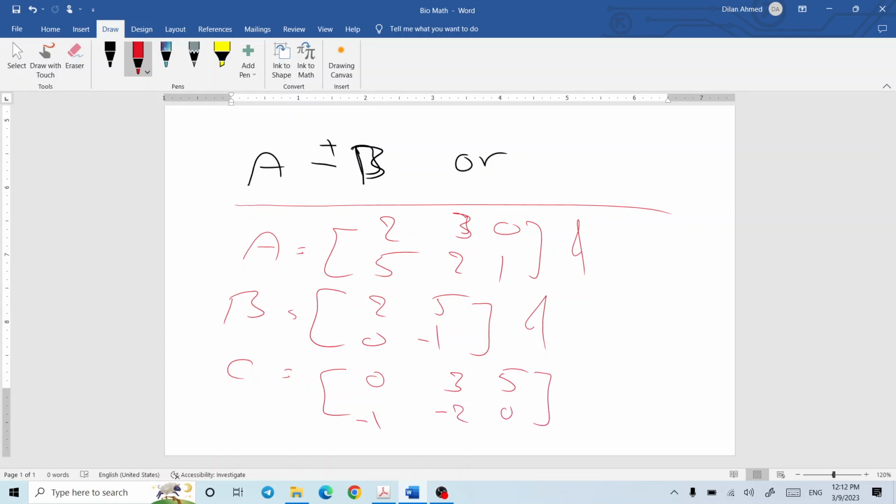My question is, can I do A plus B? Dears, do we have any chance to add them? No. Why? A is 2 by 3. How about B? 2 by 2. So they are not equal. That's why we cannot add or subtract.